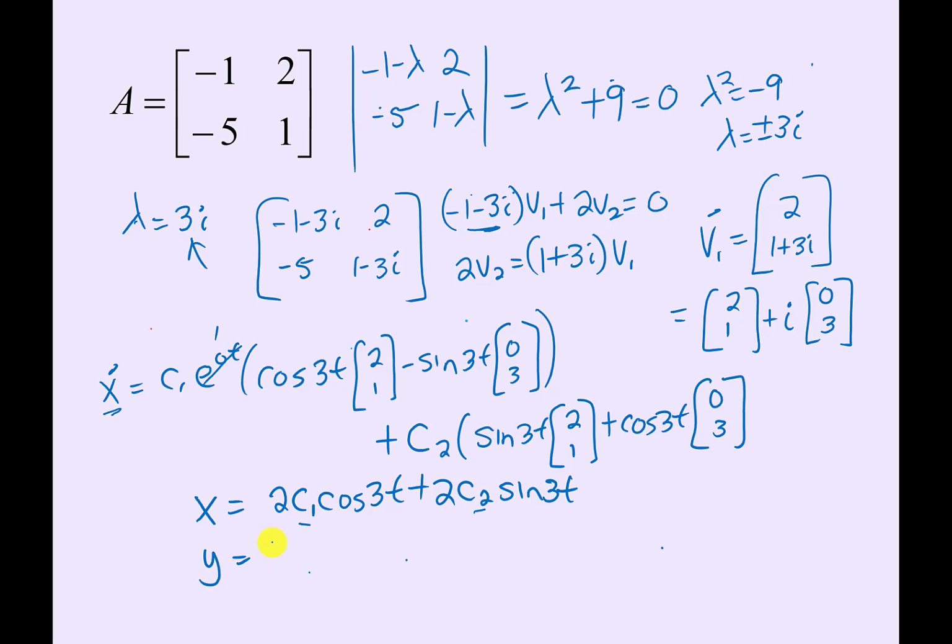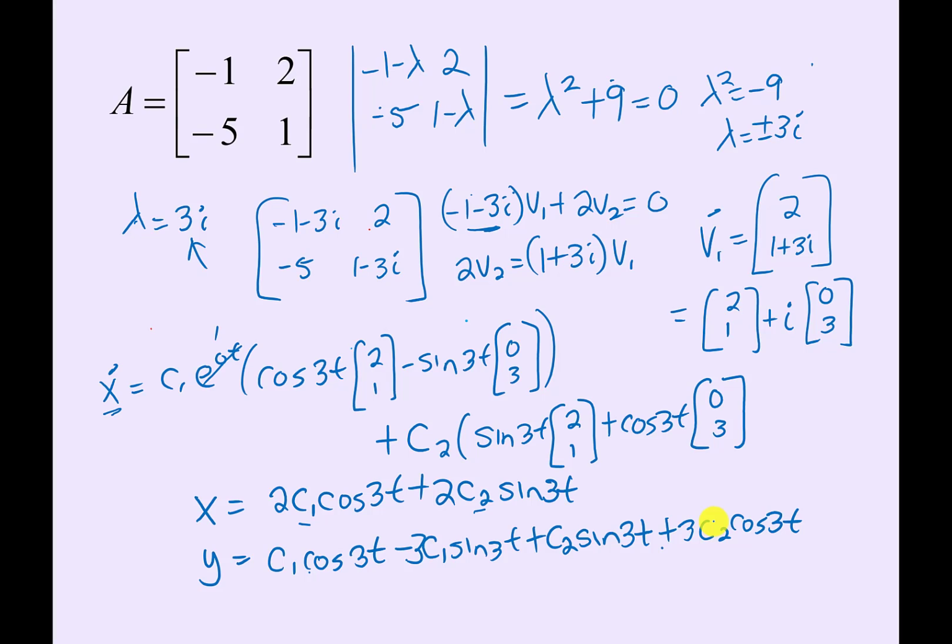And so what would our y be? We're going to have c1 cosine 3t minus 3c1 sine 3t plus c2 sine 3t, and then plus 3c2 cosine 3t.